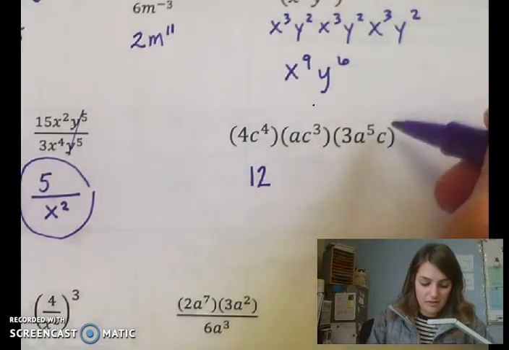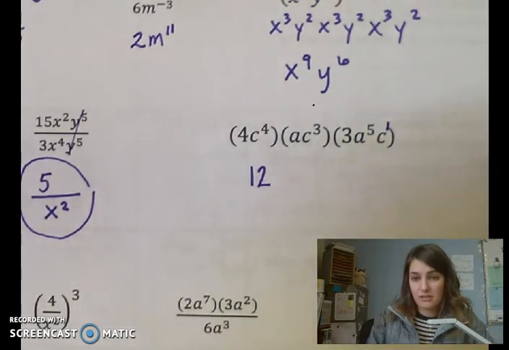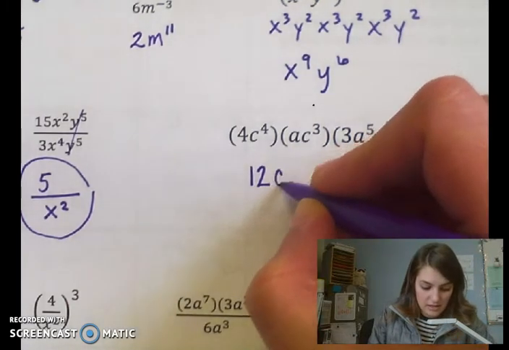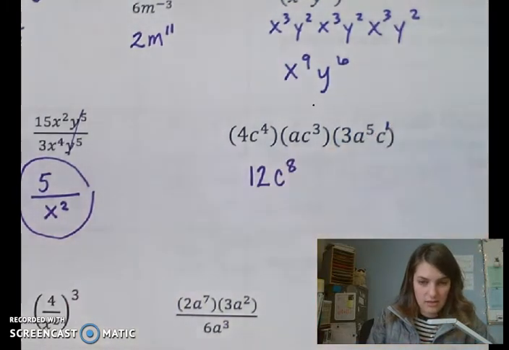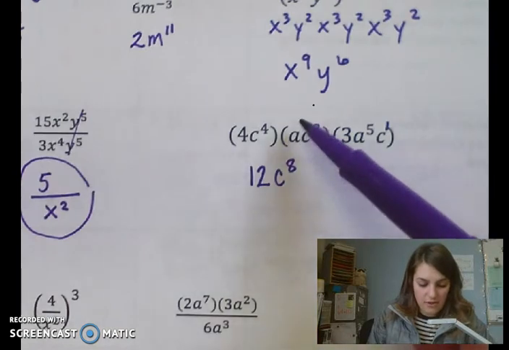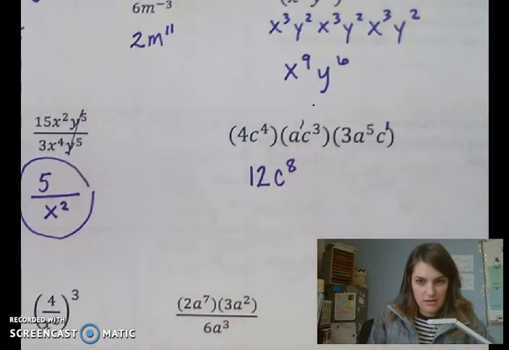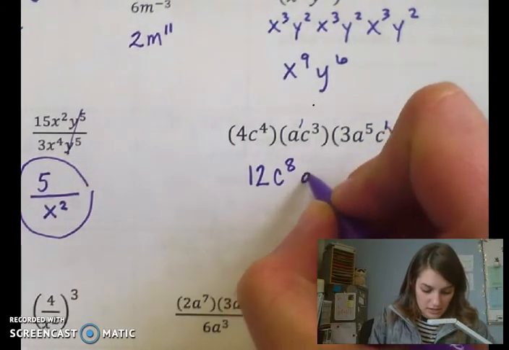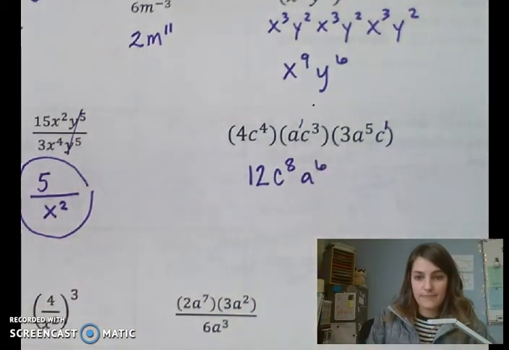So if there is no exponent, it's just c to the first. So we have 8 powers of c, c to the 8th. And for a, we have a to the first right here, and a to the 5th. So a to the 6th total.